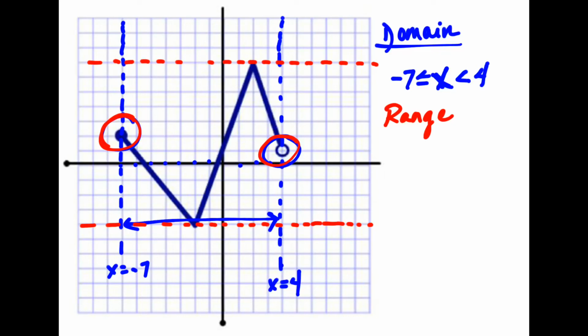So these endpoints say that the graph is going through this point or not going through this point, but so does the line of the graph. Remember, this line is where all of the solution points to the function lie. So if the line is there, you can think of it as a closed circle. All right, so what are these values at our upper and lower bounds?